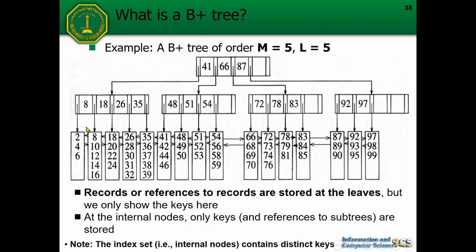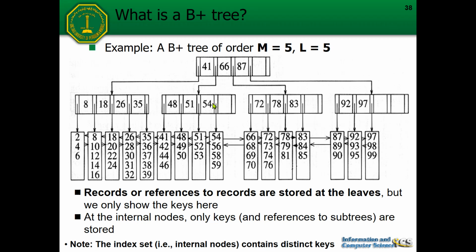This is the place where we want to insert the data. Only in the leaf of the B+ tree can we insert the data. We cannot insert the data into the root and the internal nodes. Actually, the root and internal nodes are used only for searching the data in the leaf.